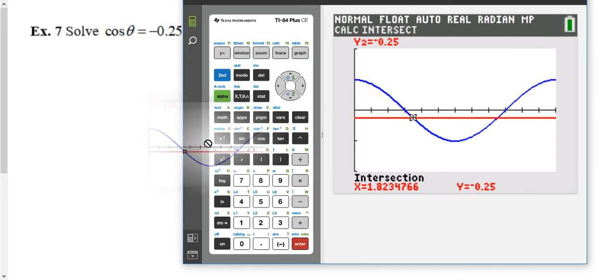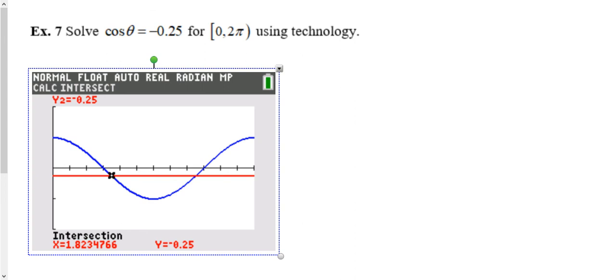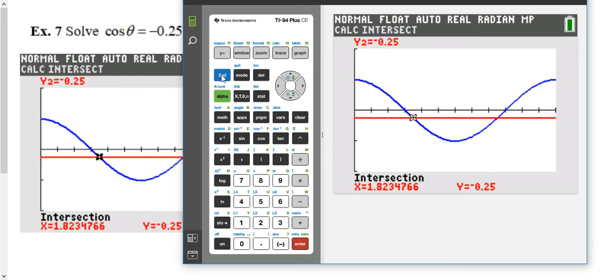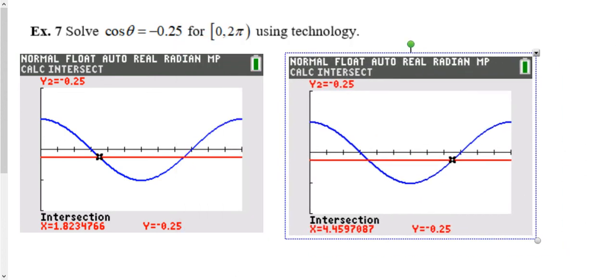So my first intersection is 1.82 rads. And my second intersection here, let's go. There we go. Enter, enter, enter. 4.46, if you had to round it, radians.